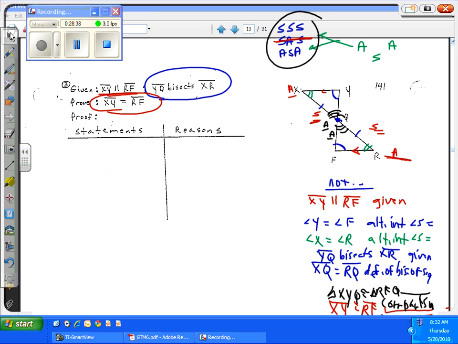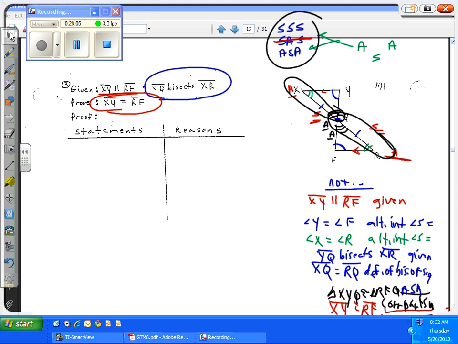And so we would have angle, side, angle going this way on this one, and angle, side, angle going this way on that one. So if we could conclude that those two angles at Q were equal, we could say they're congruent by angle, side, angle. And we know that we can say that those two angles at Q are equal because they're vertical angles, and vertical angles are equal.